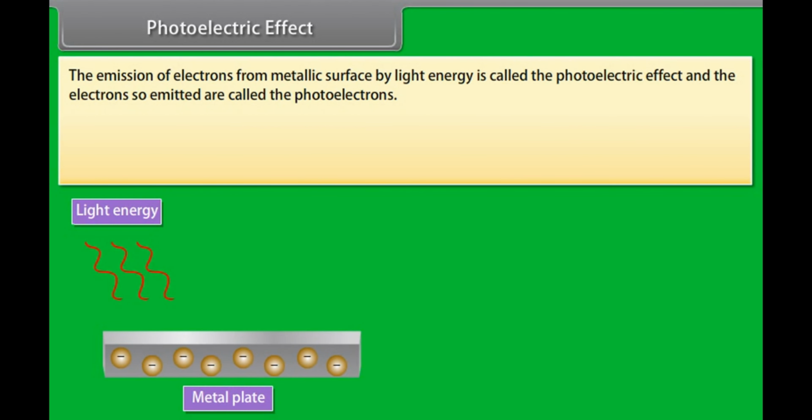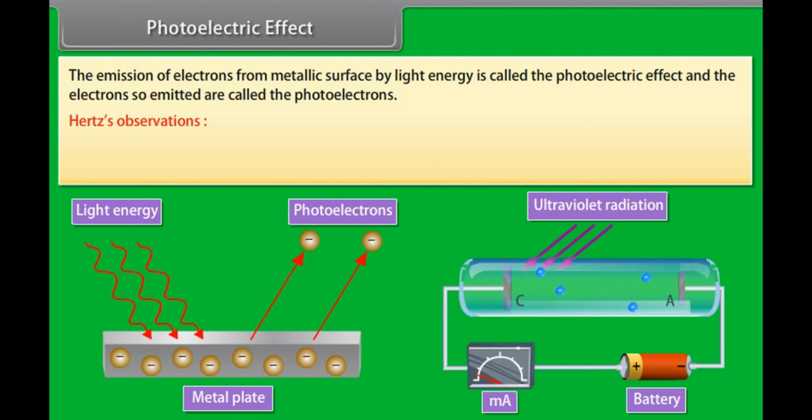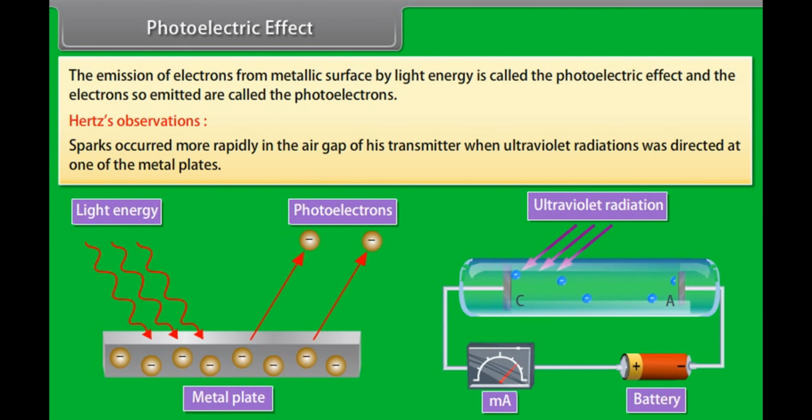Photoelectric effect. The emission of electrons from a metallic surface by light energy is called the photoelectric effect, and the electrons so emitted are called the photoelectrons. Hertz's observations. While performing an experiment for production of electromagnetic waves by means of spark discharge, Hertz observed that sparks occurred more rapidly in the air gap of his transmitter when ultraviolet radiation was directed at one of the metal plates.